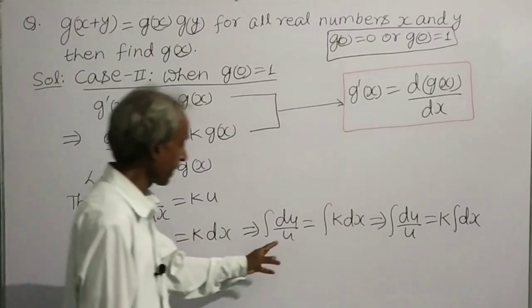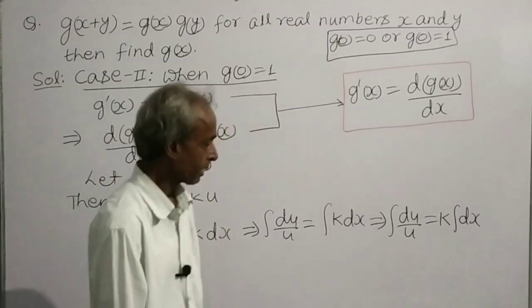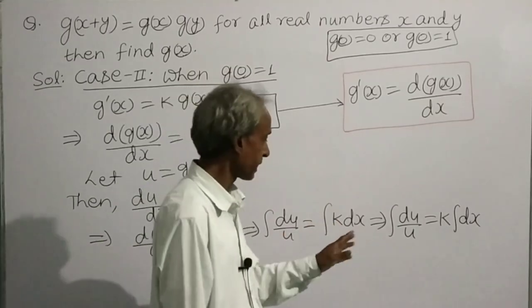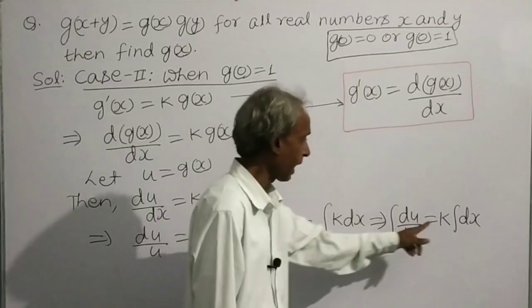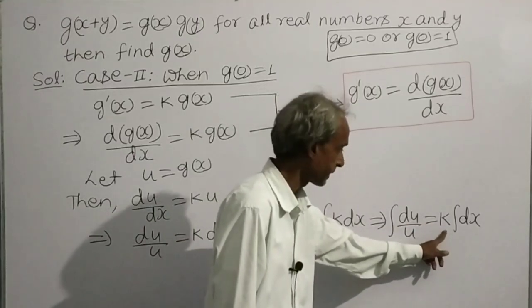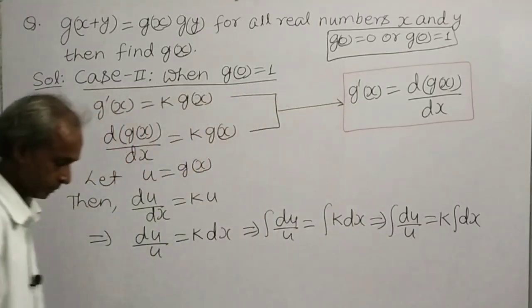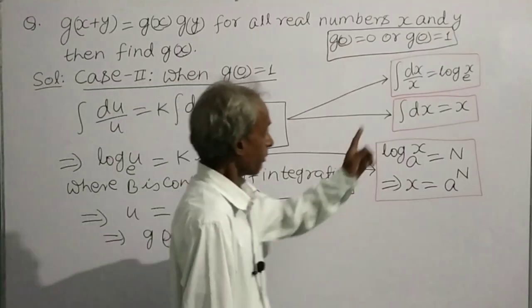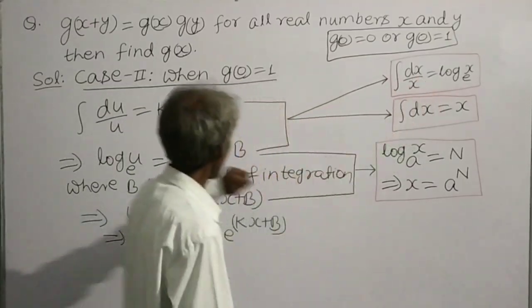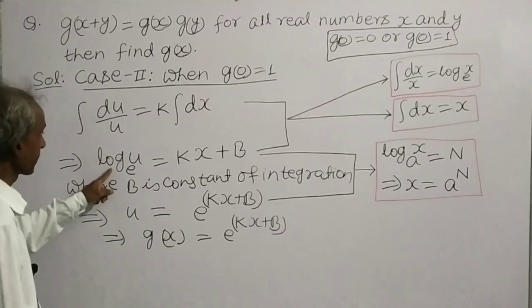Now we integrate both sides. By using property of integration, this k can be taken outside the integration sign. By using this formula, we integrate this.